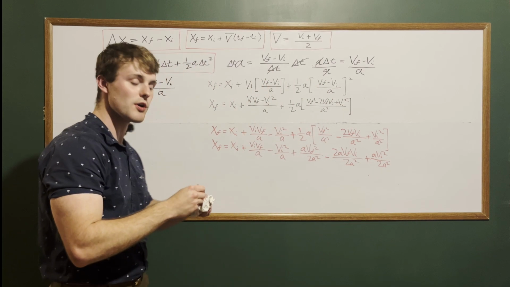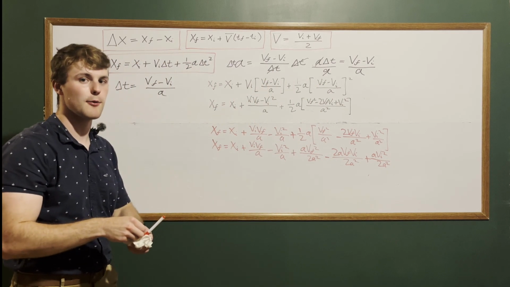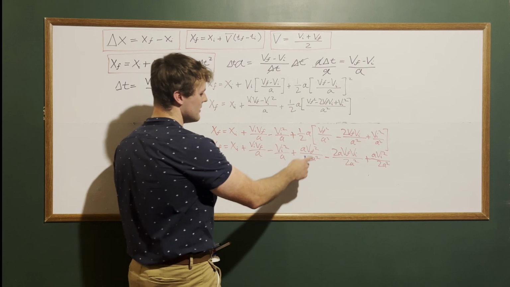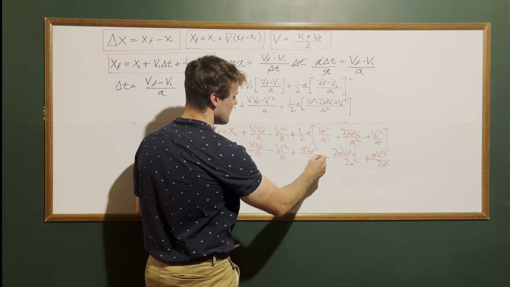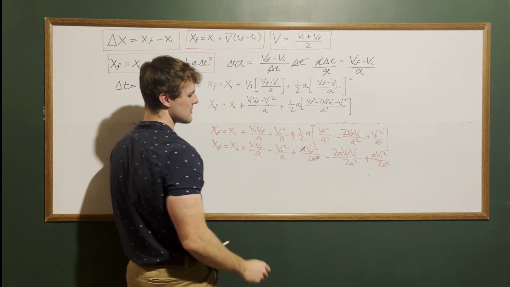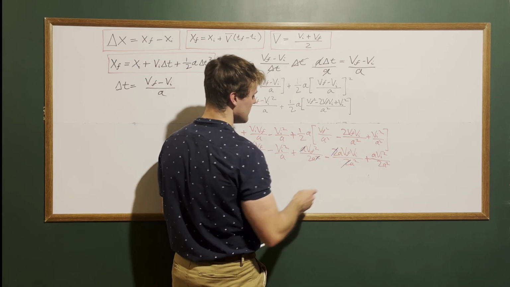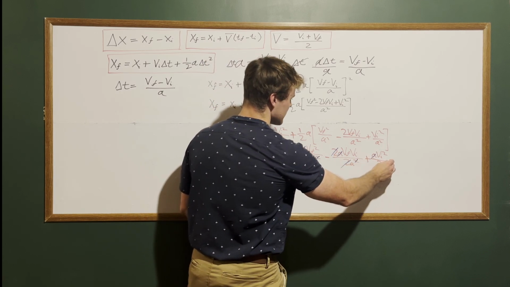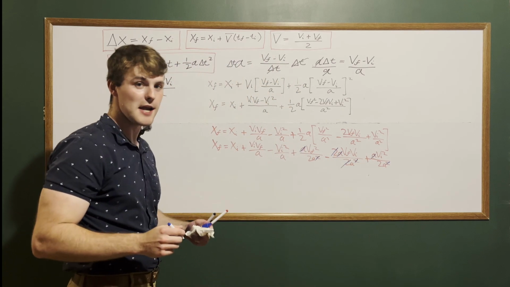Okay, this is the worst it's been so far, but check out what's about to happen. We have two a's on the bottom, one a on top. One of the a's cancels, one on top cancels. 2 over 2, that cancels. That a cancels. Exponent, cancel, cancel, cancel. Everything is canceling. This is great.